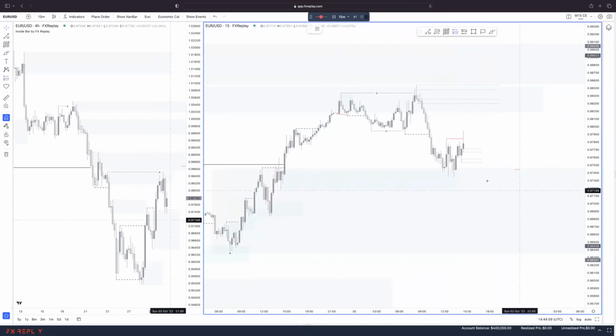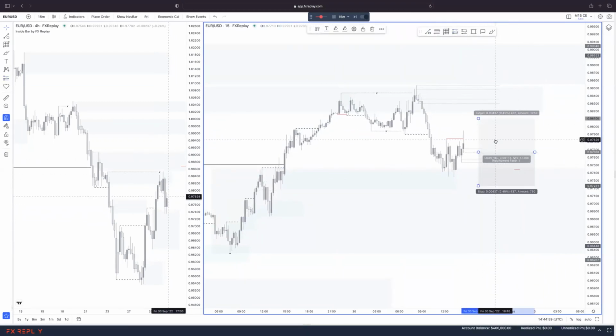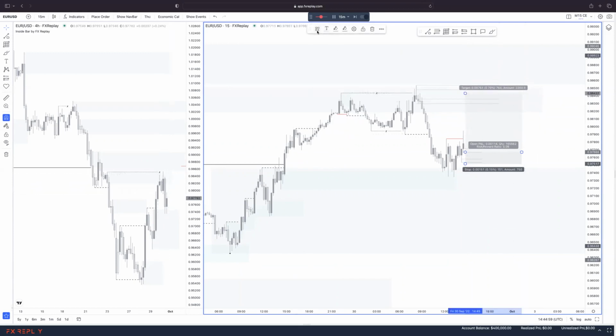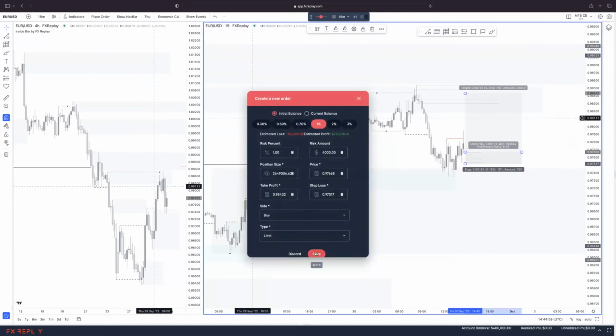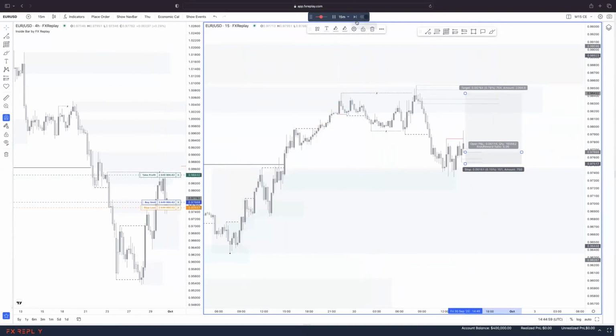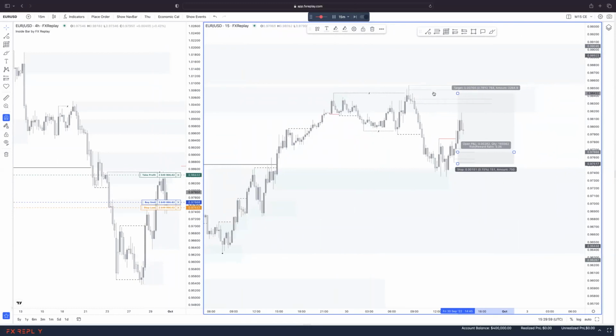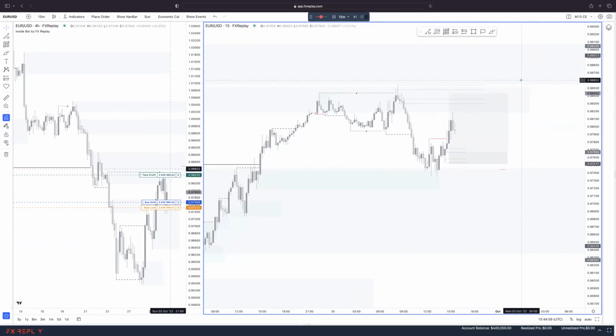So yeah, can get aggressive here. Based on coming off the 4-hour demand, it makes sense to potentially look for buys. And yeah, weren't tagged.